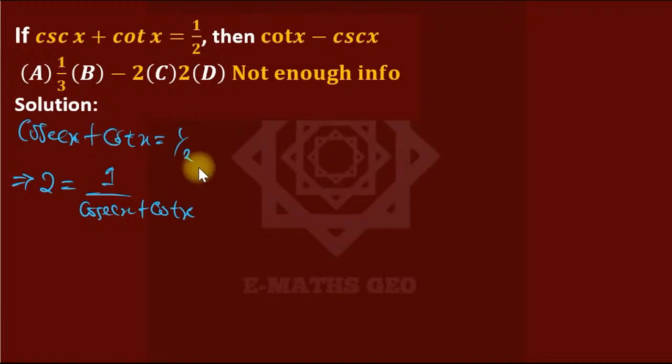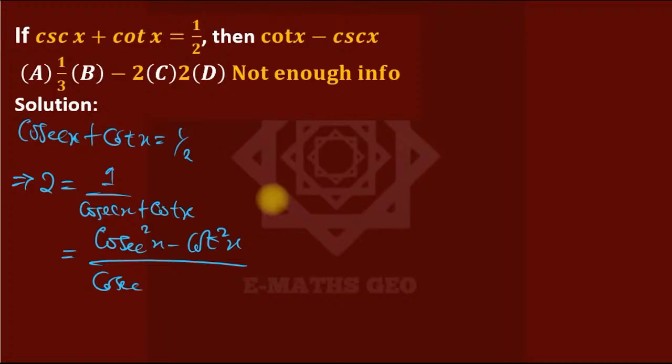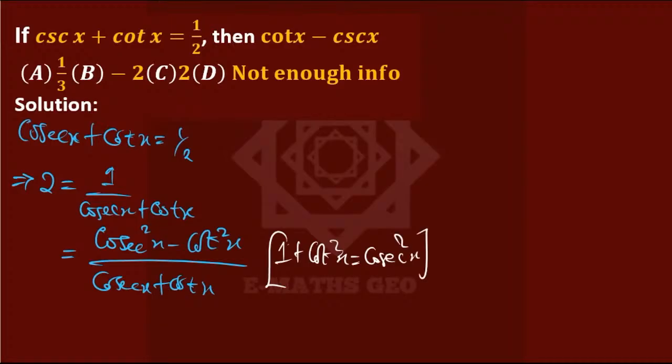So we're still correct. Now we can write 1 as cosec squared x minus cot squared x, from the Pythagorean identity: 1 plus cot squared is equal to cosec squared.